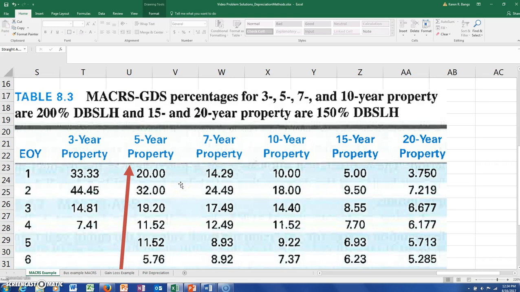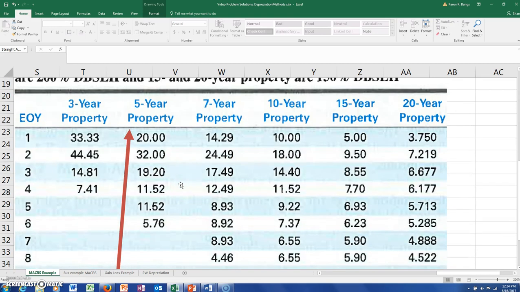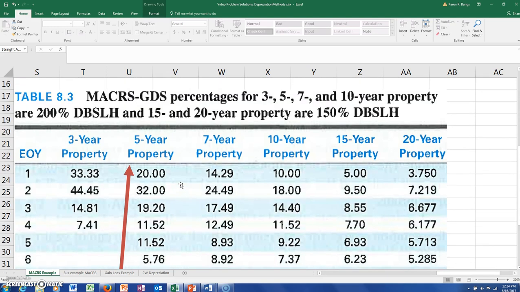You can also see, and you know from prior information in this module, that MACRS is a combination of declining balance and straight line, and so you can see when it converts over to straight line. It converts in year 4 for the 5-year, because you can see then it's the same amount each year after.